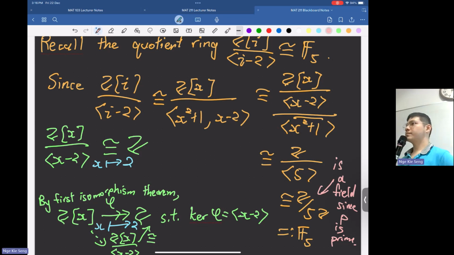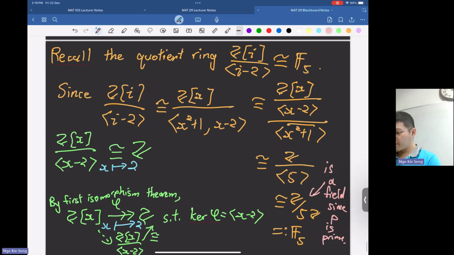Last time we talked about when Z mod nZ has multiplicative inverses for all the non-zero elements. It is exactly when n is prime. 5 is prime.